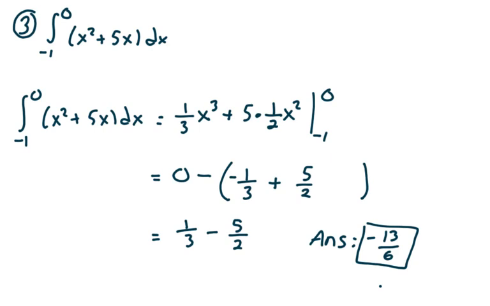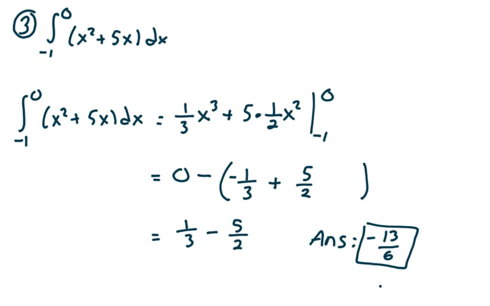So the integral from negative 1 to 0 of x squared plus 5x dx is 1/3 x cubed plus 5 times 1/2 x squared, evaluated from negative 1 to 0. If I replace x with 0, I get 0. Then I go minus, and then I'm going to replace x with negative 1.